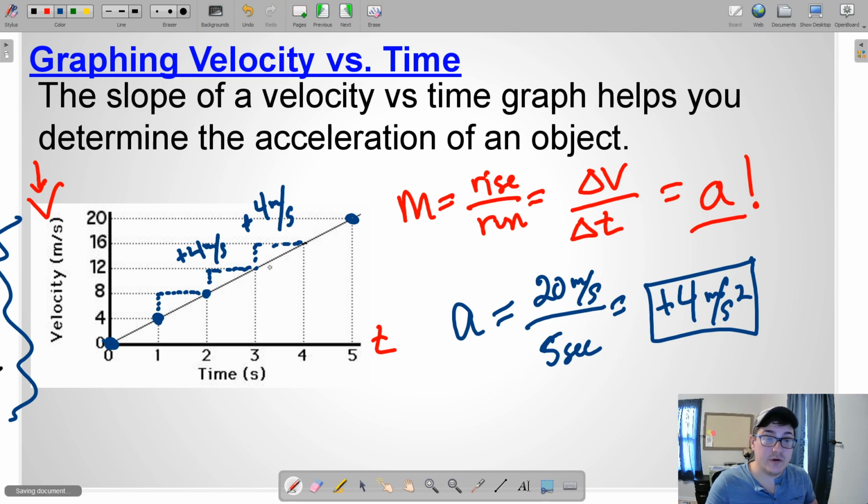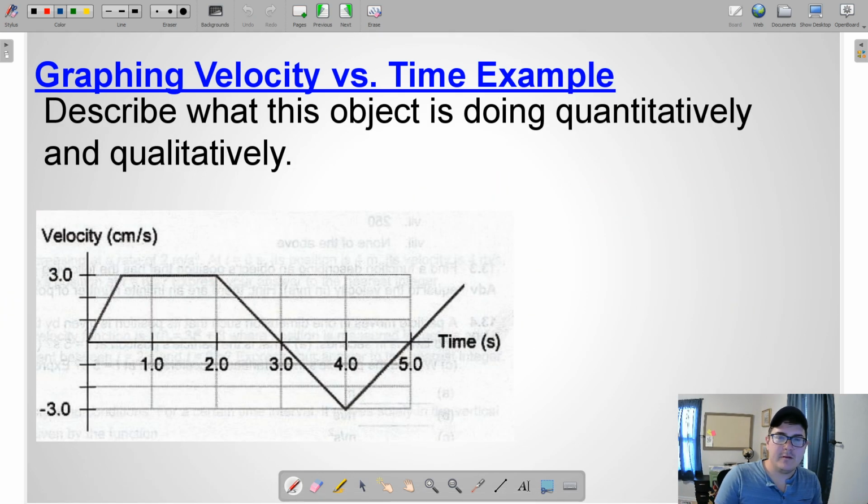As time goes on, we are speeding up. Every second passes by, we are adding 4 meters per second. And then at the final time, which would be 5, we get that final speed of 20 meters per second. So as time goes on, not only is this object going to the right, it is speeding up the whole time.